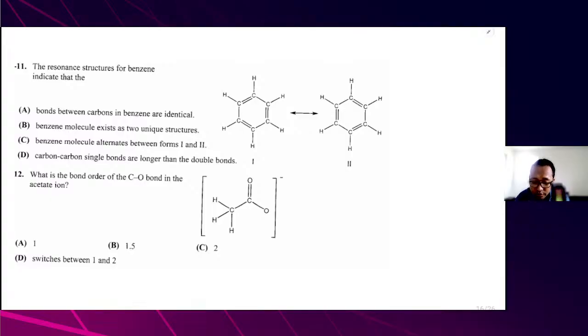Carbon-carbon single bonds are longer than the double bond, but it doesn't tell us about the resonance structure. Yes, so the answer will be C, right? No way. Oh, alternate, not alternate. No, no, no, not alternate, so it's always like rotating. So the answer will not be C, sorry.